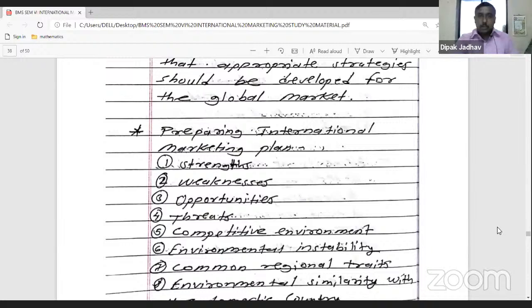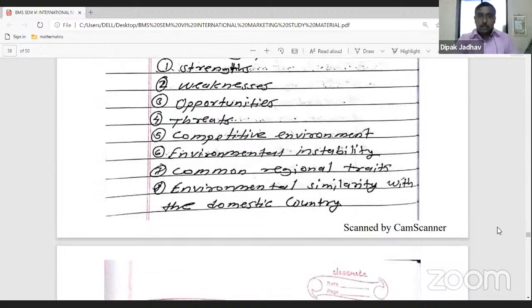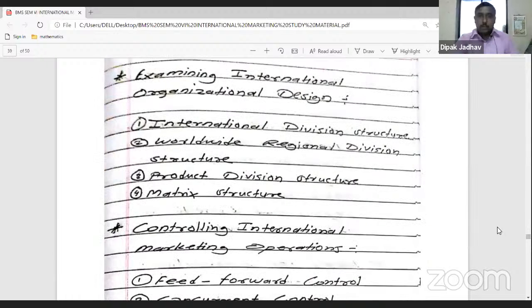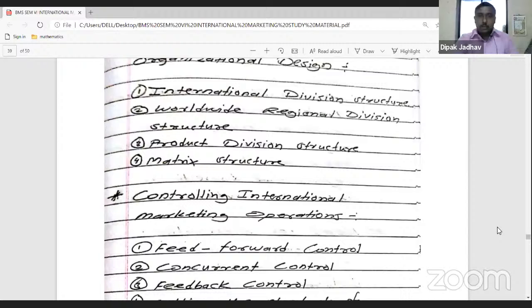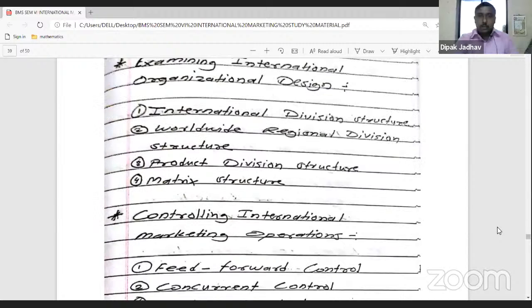Organizing the design of this analysis of the international market, structures can be designed, as well as how we run the business: international division structure, worldwide regional division structure, product division structure, and matrix structure. We choose the suitable structure, and on these structures we carry out promotional activities and focus on international business.